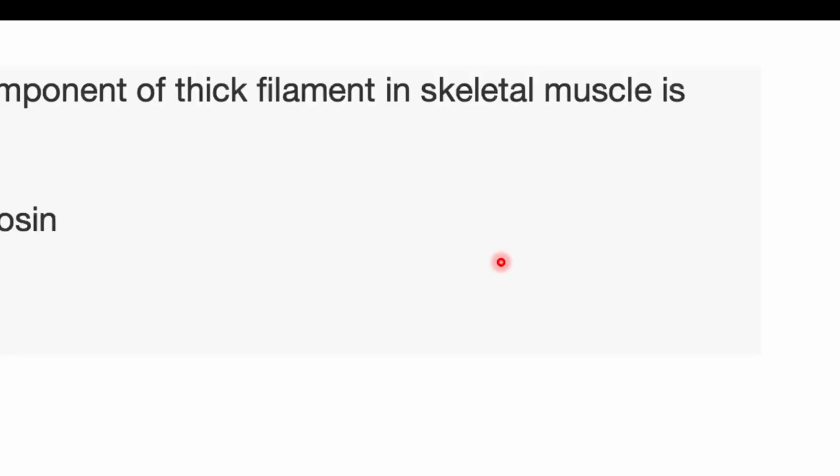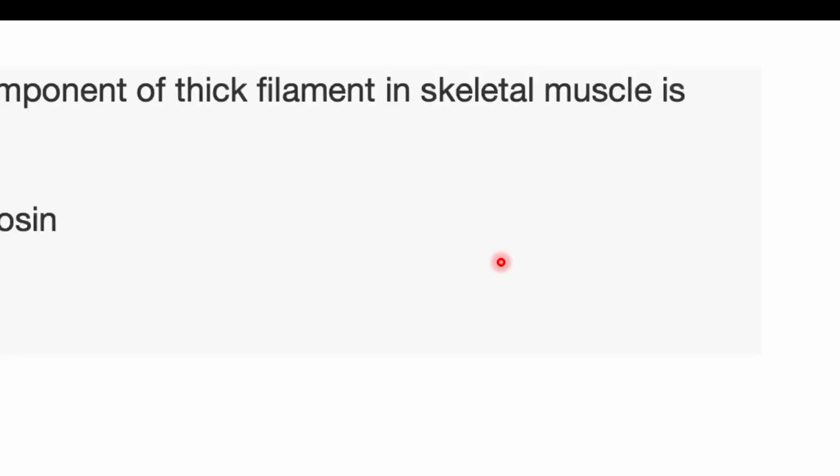The main component of thick filament in skeletal muscle is dash. What is the main component of thick filament in skeletal muscle? Option A, actin. Option B, tropomyosin. Option C, troponin. Option D, myosin.